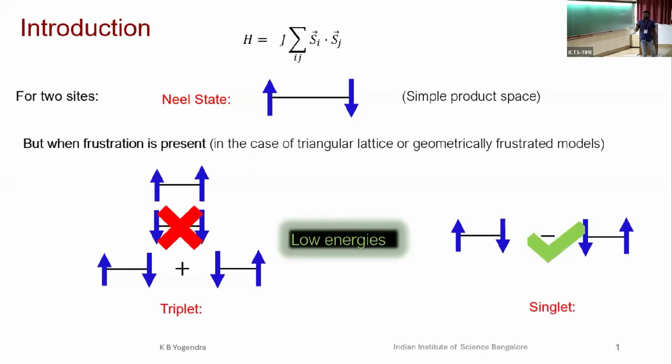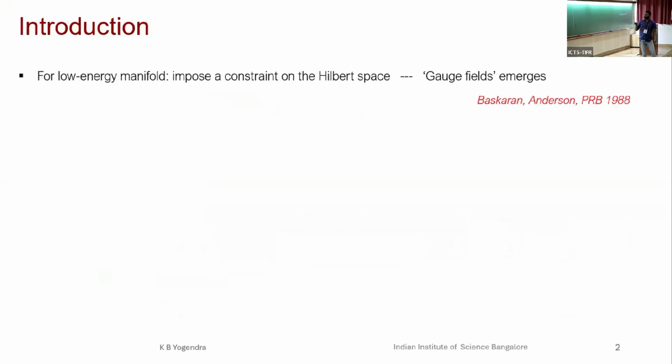The triplets will be high energy states. So to get the low energy physics, we have to impose a constraint on the allowed Hilbert space. That will generally give rise to gauge fields, so the gauge fields will emerge in the low energy physics. And the single spin flip excitations will give rise to high energy modes.